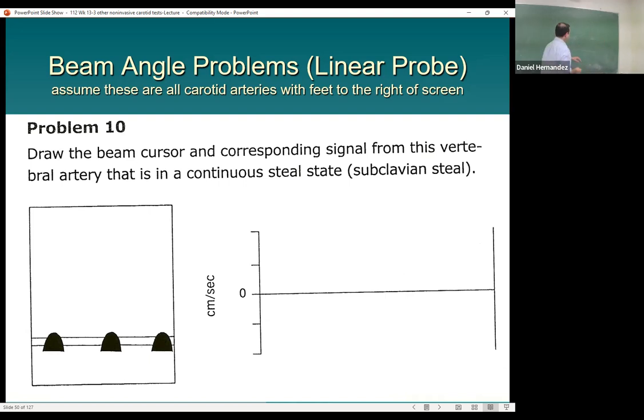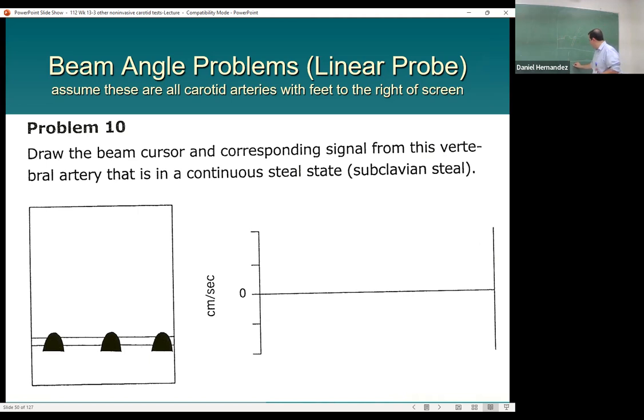So if we had a vertebral artery and blood flow should be going antegrade this way, and I had my spectral tracing, if I didn't invert anything, it would be a negative shift because it's going away from me, away from that transducer.